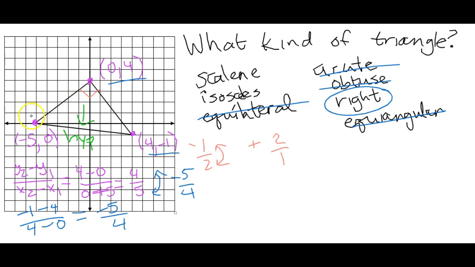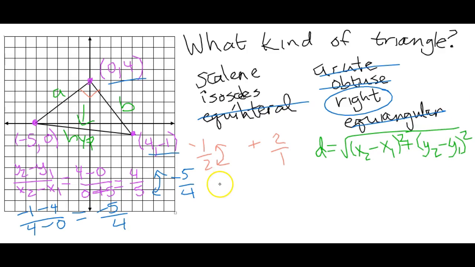We're only going to have to check the distance on, I'm going to call this side A and side B. So we're going to check the distance of side A and the distance of side B. Distance formula: square root of x2 minus x1 squared plus y2 minus y1 squared. Let's do side A first.